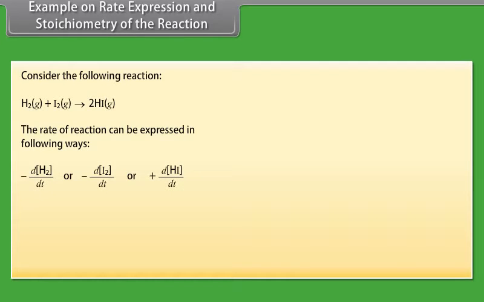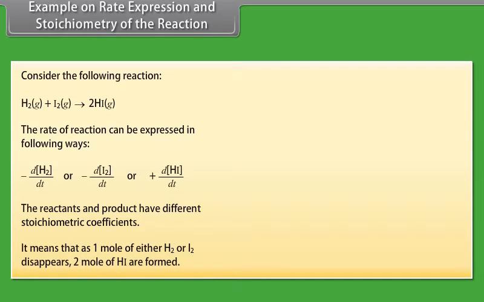For a reaction, small a, capital A, plus small b, capital B, makes small c, capital C, plus small d, capital D, the rate of a reaction can be expressed as follows. Example on rate expression and stoichiometry of the reaction.